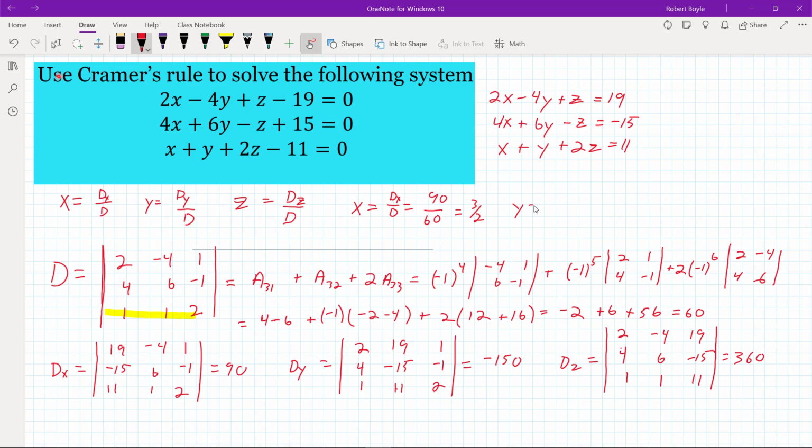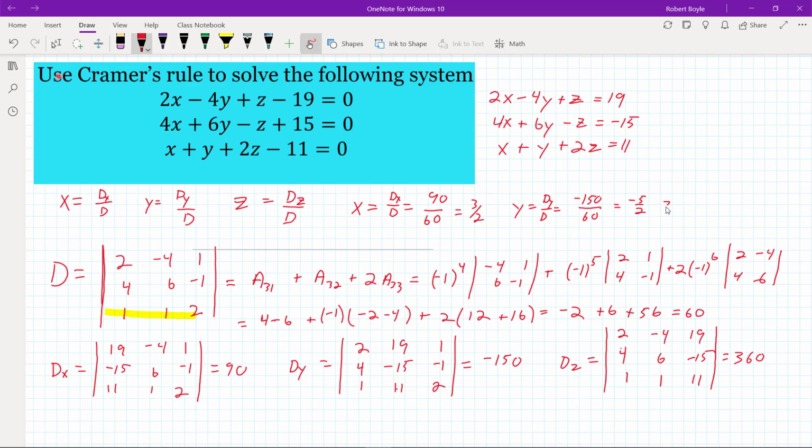Y is going to be equal to dy over d. That is going to be -150 divided by 60, and they both have common factors of 30. That's going to be equal to -5/2.